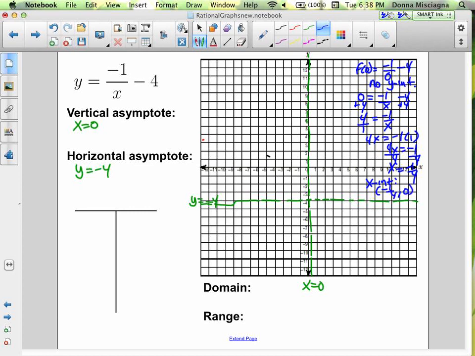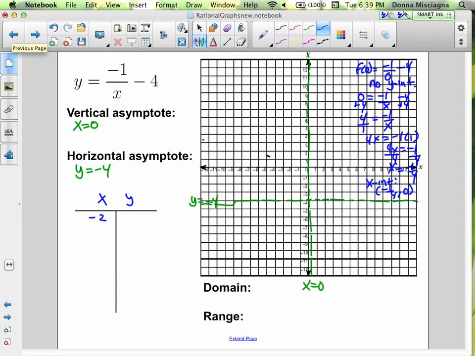All right, we're just going to plug in and get 2 points on the right-hand side, 2 points on the left-hand side, and one of those could be the x-intercept. I'm fine with it just being the 4 points. You know what, maybe I'll get 5 points. I'll plug in -2.